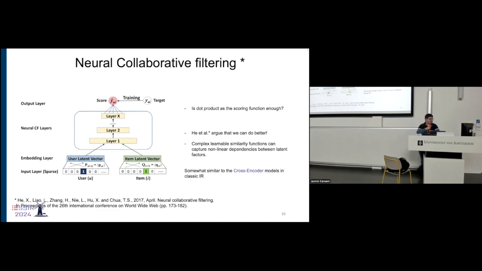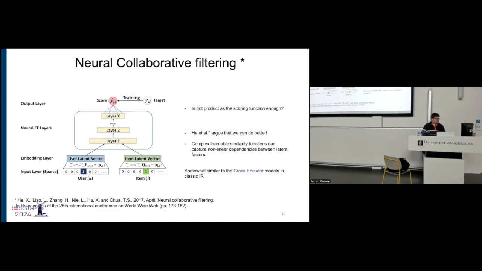Okay, so this method called neural collaborative filtering was actually one of the first proper deep learning based recommender systems.